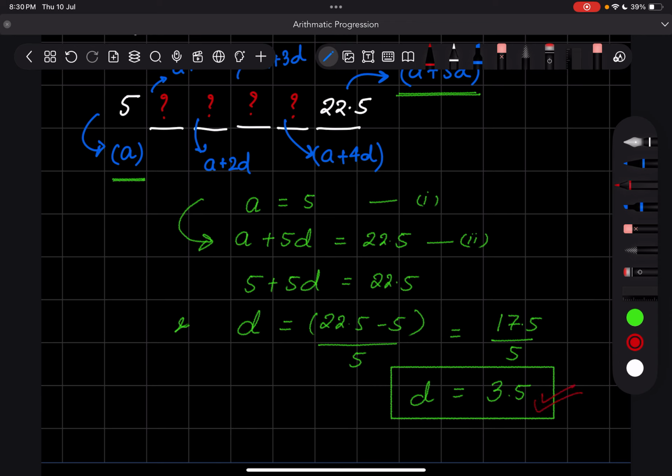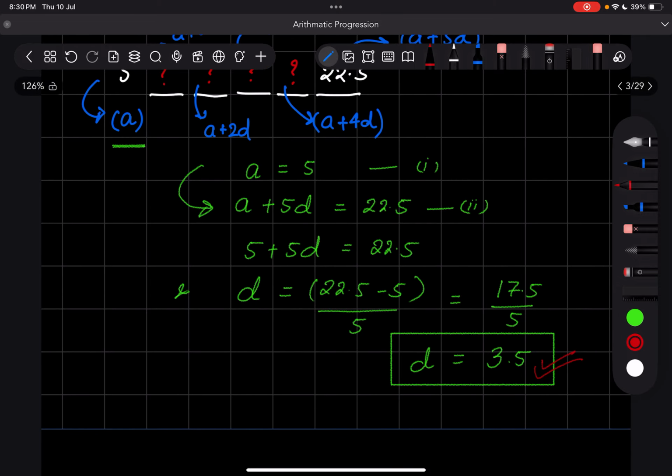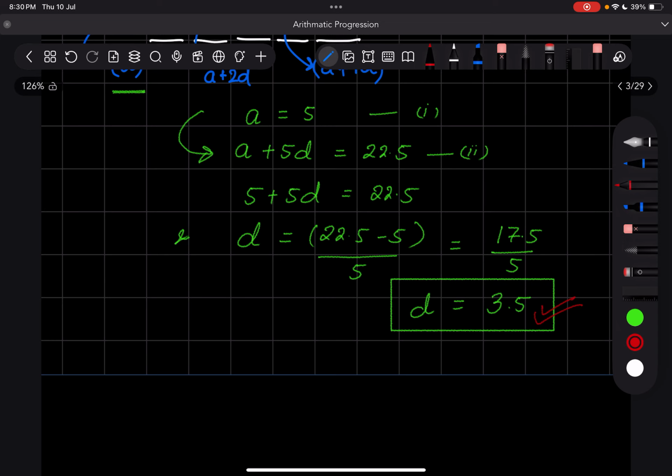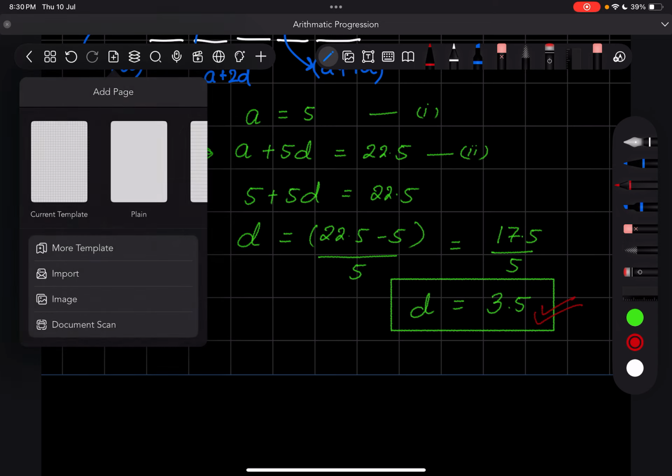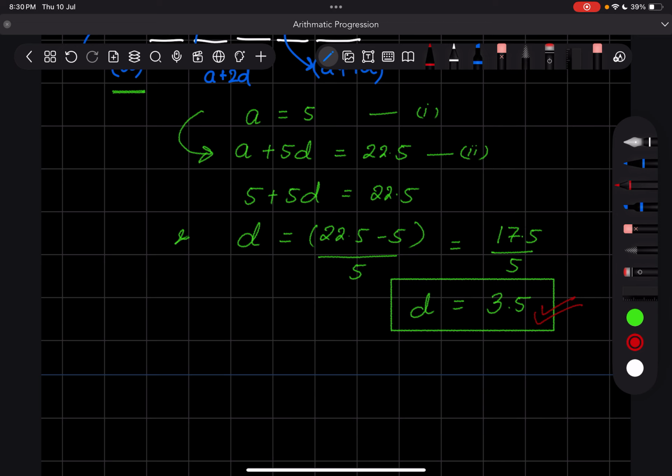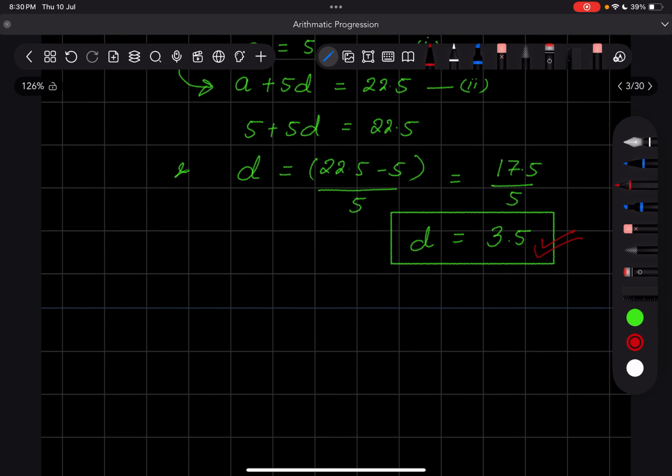And as soon as we have got the common difference, we have almost completed this question, because the sequence that was to be completed by us had the first term, second term, third term, fourth term, fifth term, and the sixth term was given, that is 22.5.